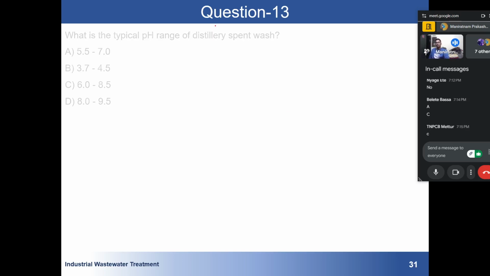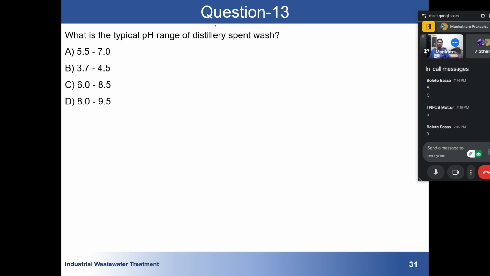What is the typical pH range of spent wash? You might have answered B, 3.7 to 4.5.